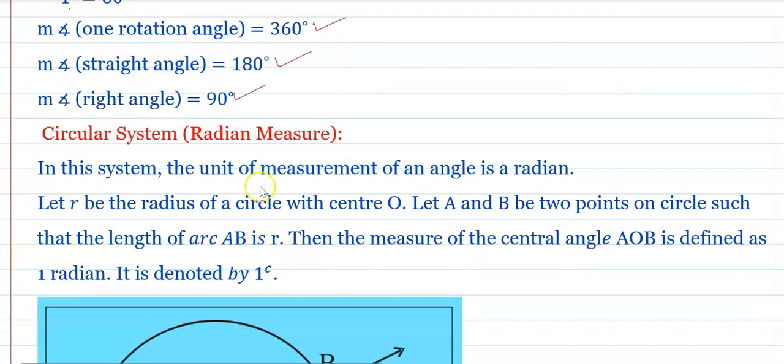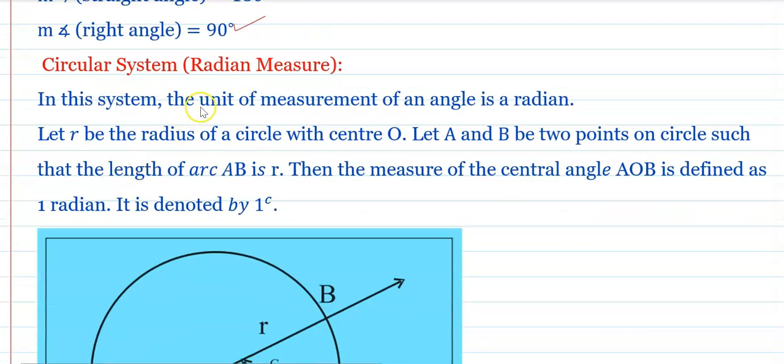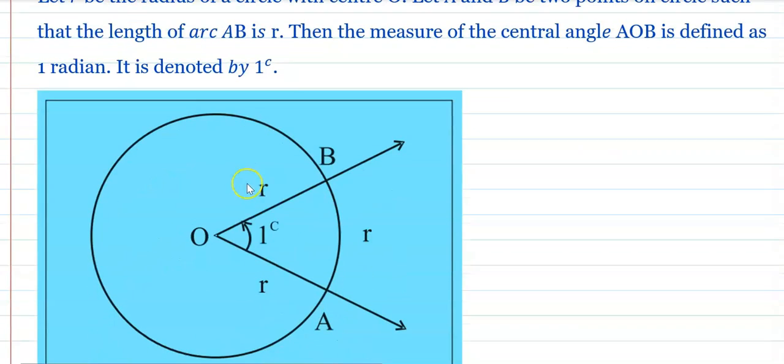Okay. And the next system, the circular measure, that is called the radian measure. In this system, the unit of measurement of an angle is radian. Let small r be the radius of a circle with center O. Let A and B be 2 points on the circle such that the length of arc AB is r.